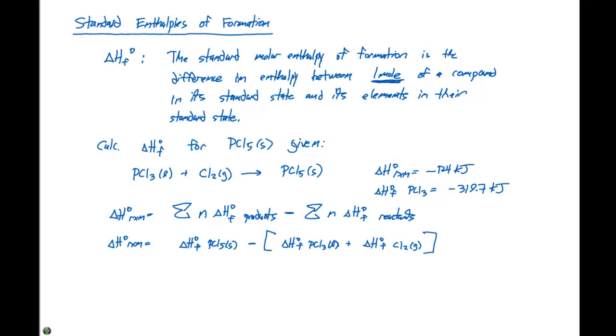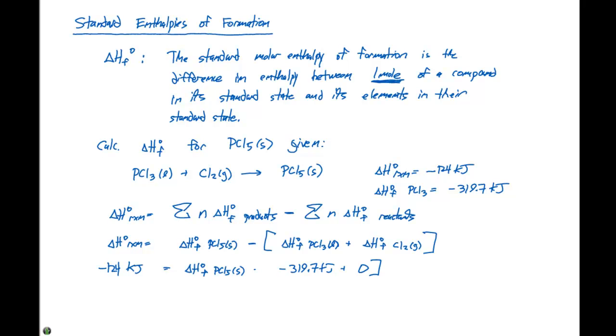be 0. So this tells us that, and we're given the delta H naught for the reaction, so that's going to be negative 124 kilojoules is going to equal the delta H naught of formation of PCl5 solid, which is what we're trying to calculate, minus the delta H of formation of PCl3, which is negative 319.7 kilojoules, plus 0.